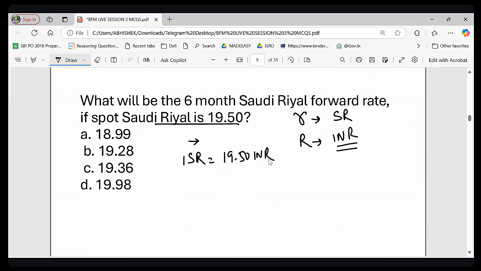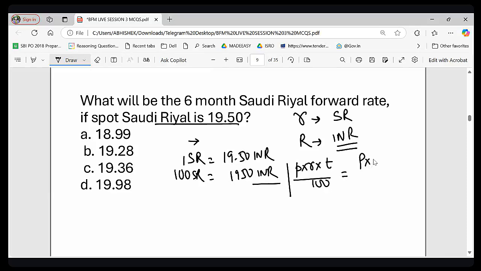You know it very well, right? We just multiply it by 100. So 100 Saudi Riyal will be how much? 1950 INR. And we are taking a small letter for Saudi Riyal and a capital letter for INR. So P into R into T upon 100 is equal to capital P, capital R, capital T upon 100.